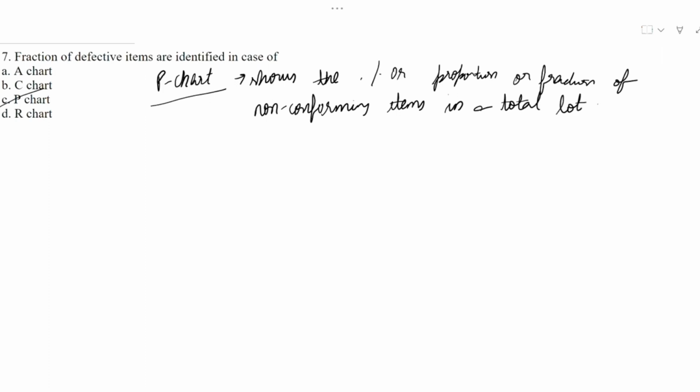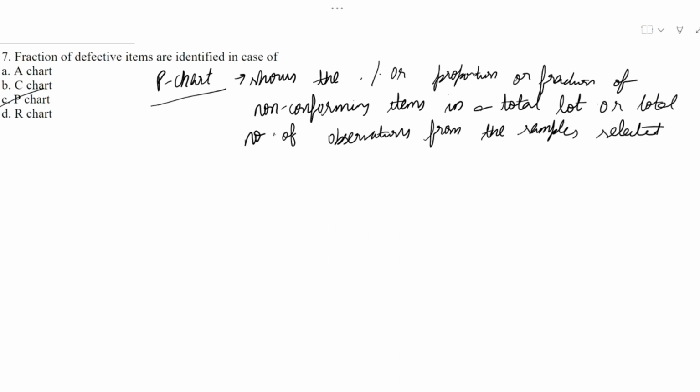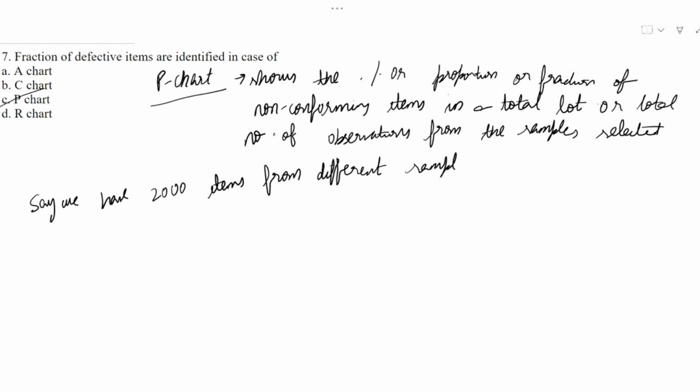Suppose in a total lot, from the total number of observations from the samples selected, we have 2000 items from different samples, and out of this we have 200 non-conforming items.